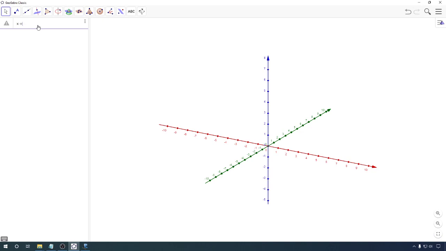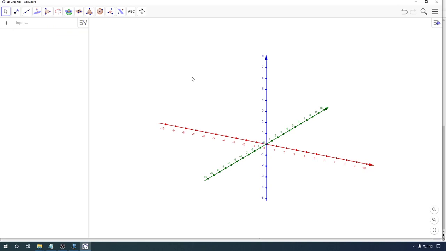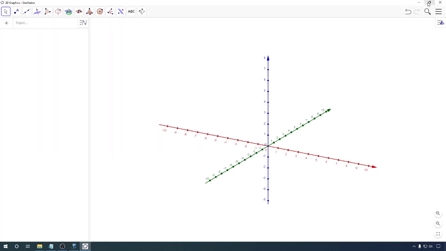If you type in x plus y squared, okay, I guess this version of it wants me to tell it more explicitly that we're talking about a function of two variables. Or maybe I could just have typed in z equals.